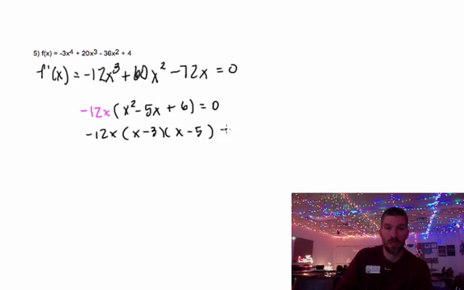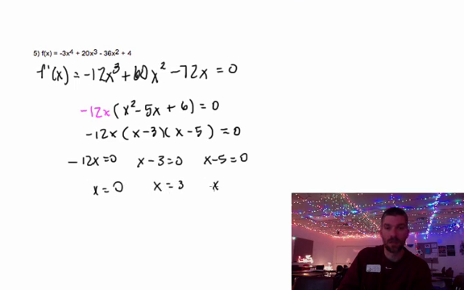And I'm going to check all of those guys against 0. So 12x equals 0, x minus 3 equals 0, and x minus 5 equals 0. So this is going to give me an x equal to 0, an x equal to 3, and an x equal to 5. So those are the places where my maximums occur.